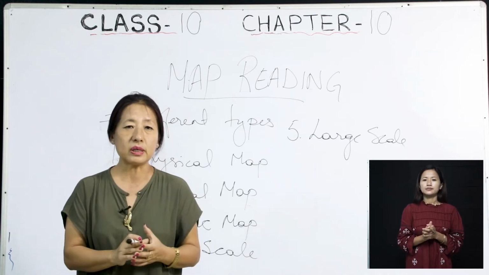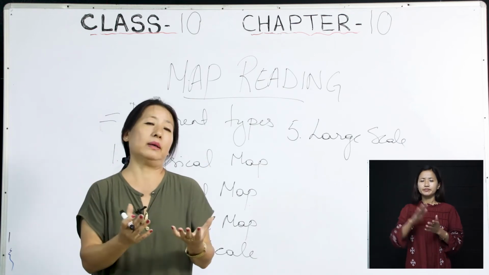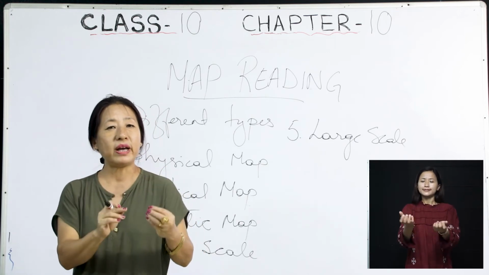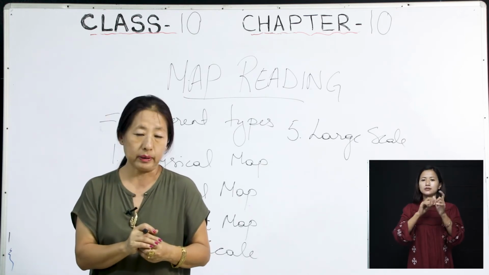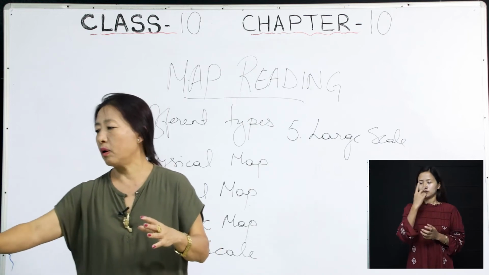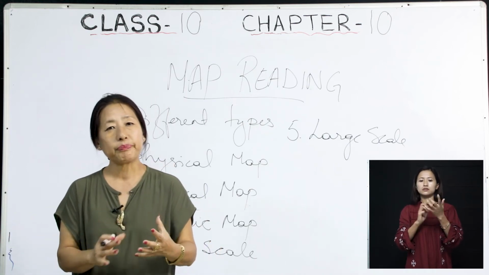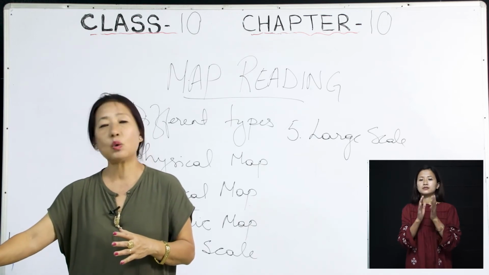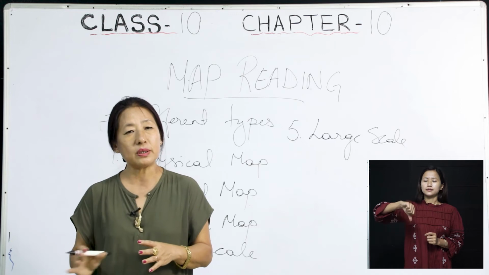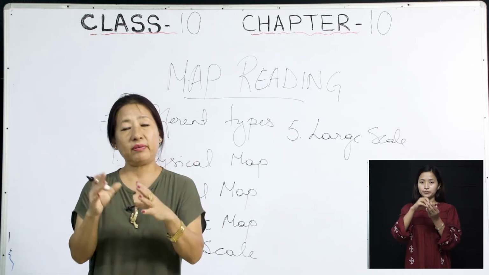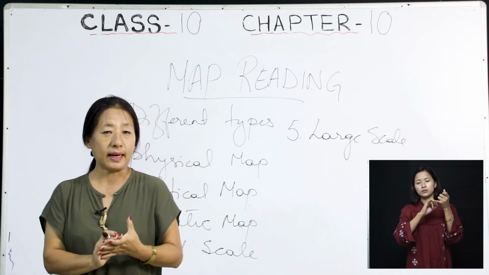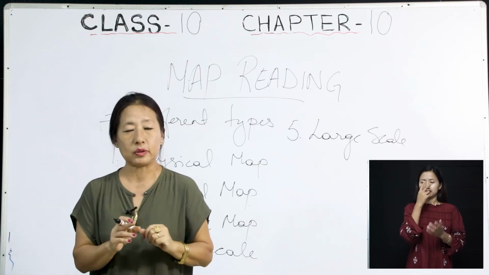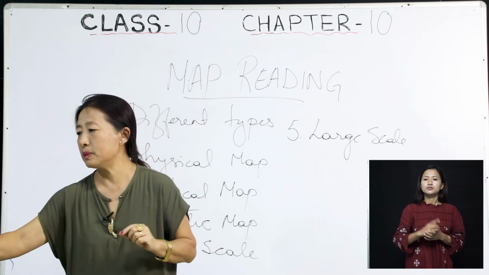That means the whole world accepts these conventional signs and symbols. In the textbook they have given lots of signs, isn't it? You can turn to page 139, where they have given lots of symbols and signs, but here I want to focus on two things, and that is because it always comes in the objective.